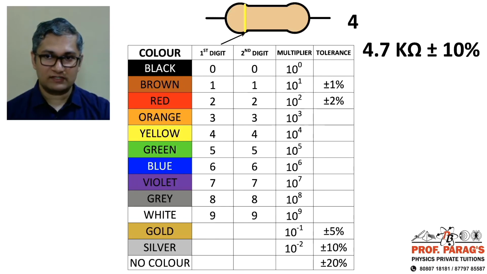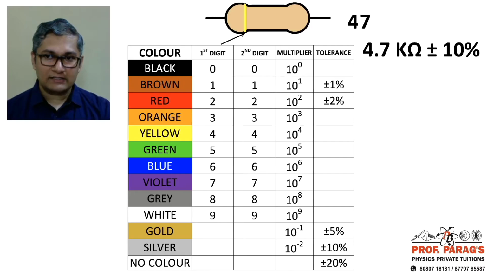So that's fixed. Now you see, we don't want this decimal here. Generally, it's just the first digit and second digit, not first digit point second digit. So if I want to remove the decimal, can I say it is 47 into 10 raised to 2?